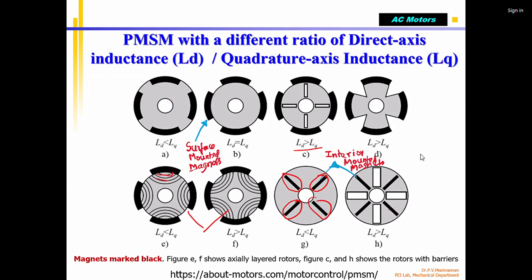The black color is the magnet, buried inside. This is called IPM, interior magnet. I have the rotor core in gray color, and inside it the magnet is embedded, deep inside. That's why they are called interior. So these are the different types of magnet arrangements in the rotors of the PMSM.